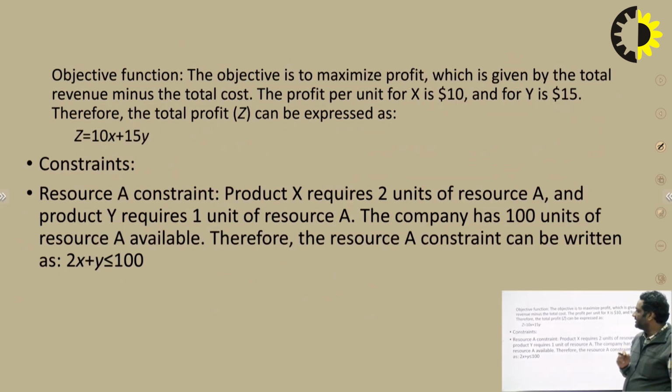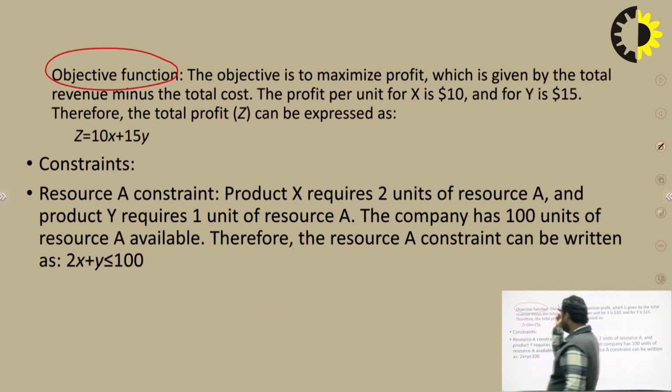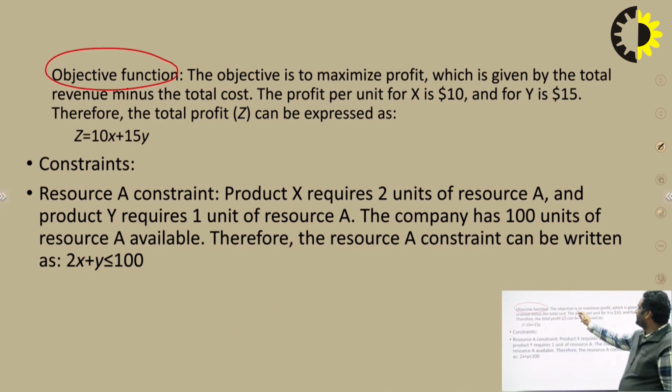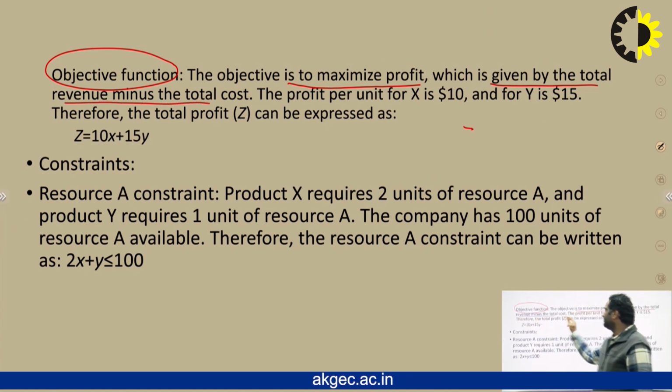Now the second thing is finding the objective function. The objective is to maximize profit. When we concern profit, it must be maximized, which is given by the total revenue minus the total cost. This is a very simple thing.